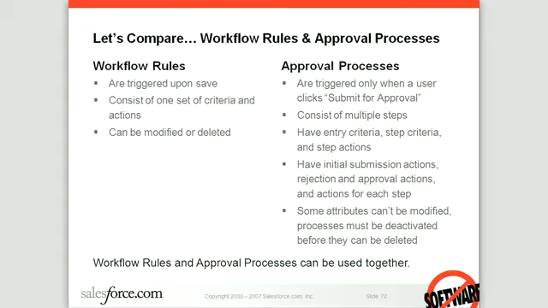Let's compare. In my opinion, a lot of people get confused about workflow and approvals because they both use the same actions. But to me, workflow automates, and approval processes are kind of the opposite. It's an automated process, but it requires users to do something.